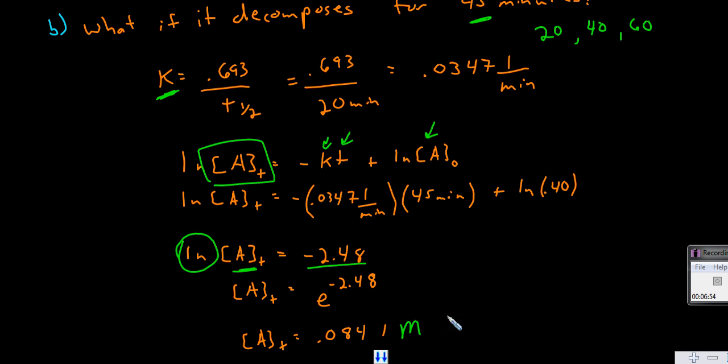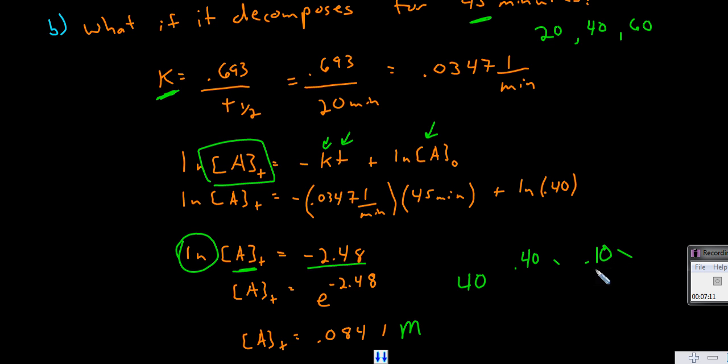Because you're always checking your answers. After 40 minutes, you just saw that you had gone through two half-lives, and you went from 0.40 molar to 0.10 molar. Now, if you've gone through 45 minutes, slightly more than two half-lives, then you would have lost slightly more than you had previously.